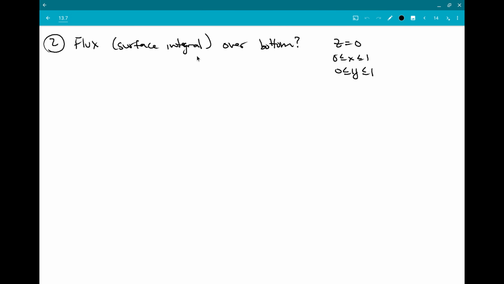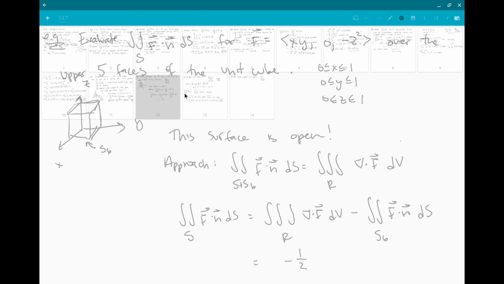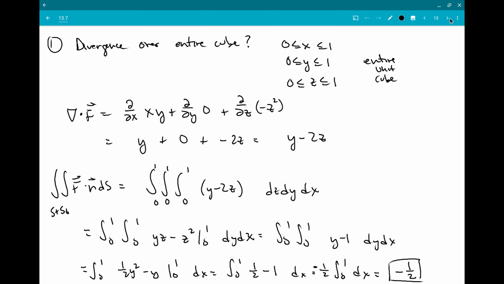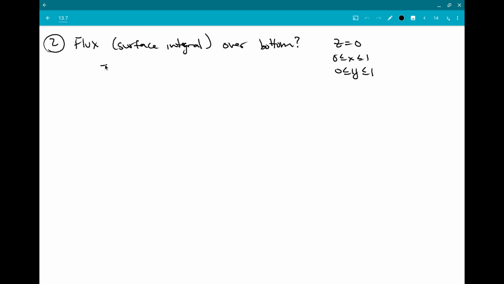And then we have to compute the surface integral over the bottom of the cube, this part that we were supposed to leave out, this S6. So our F is xy, 0, minus z squared.